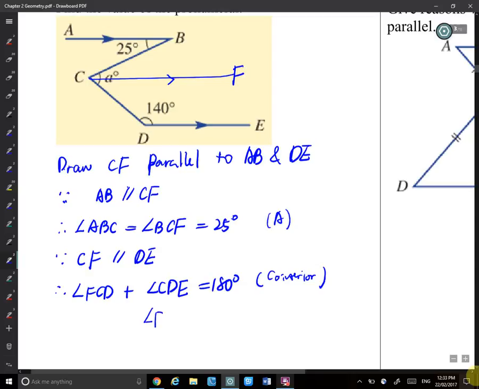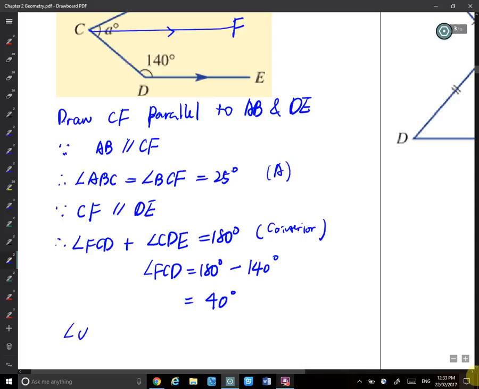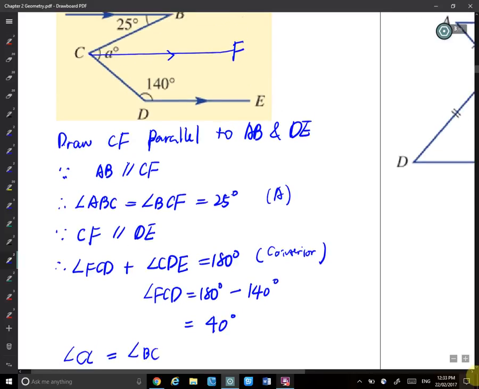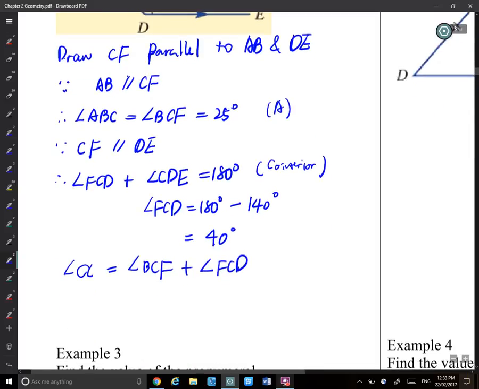So angle FCD equals 180 subtract 140 degrees, which gives you 40 degrees. Angle A equals angle BCF plus angle FCD, which is 25 degrees plus 40 degrees.